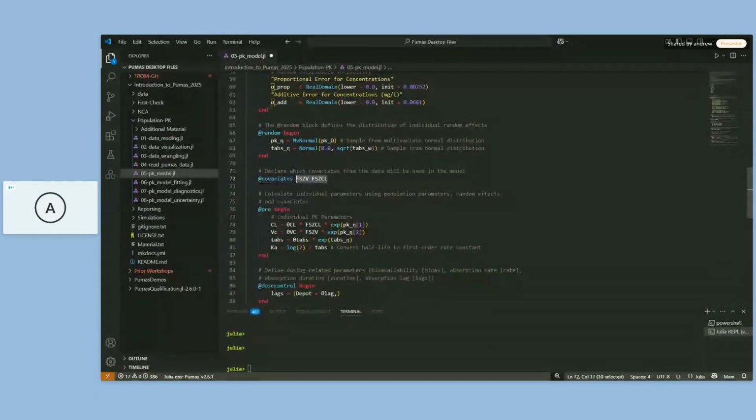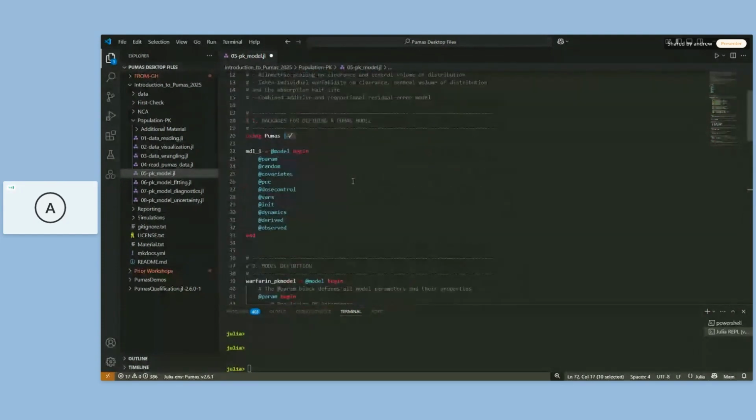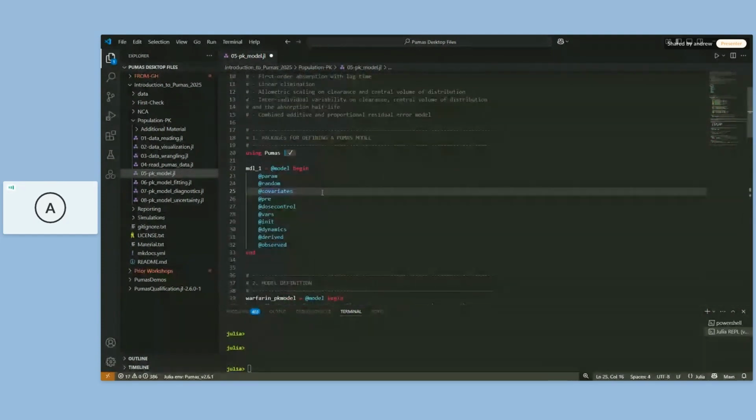These are actually allometrically scaled, whether for clearance or volume components, that they just loop in already using the weight-based dosing. I will show you when we get to that part, because usually we're going to want to also potentially estimate those exponents for allometric scaling.